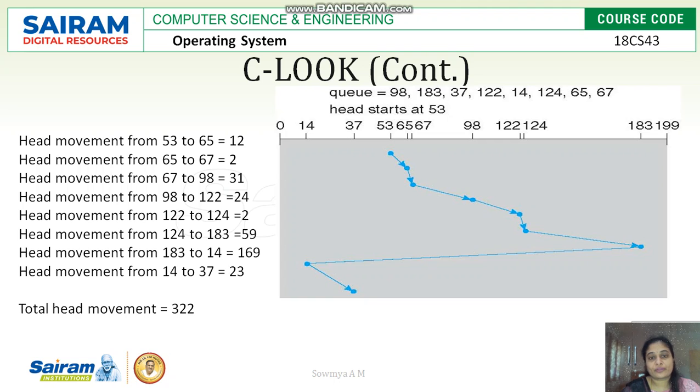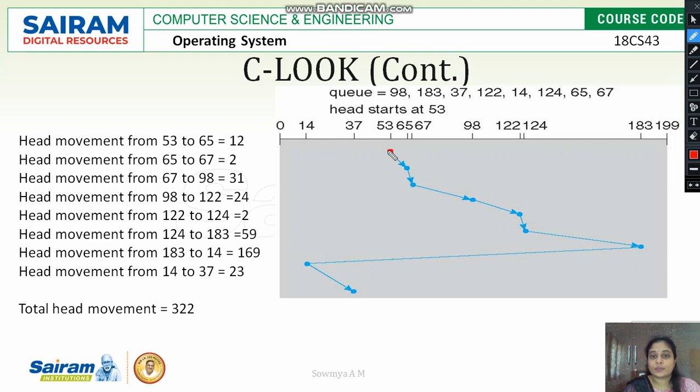Instead of moving from 0 to 199, lower end to higher end, it will compare with the scheduled request queue. The head moves so that it reduces a few movements in the disk, where the transmission of data becomes faster or access time becomes even faster.